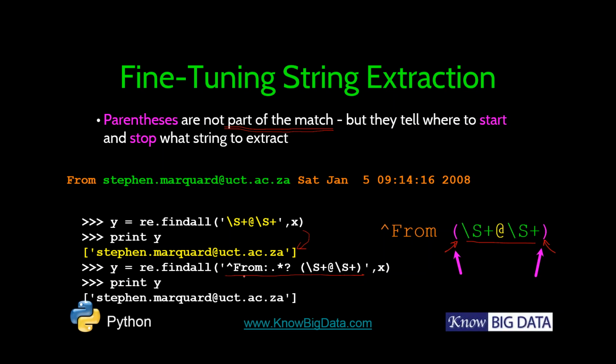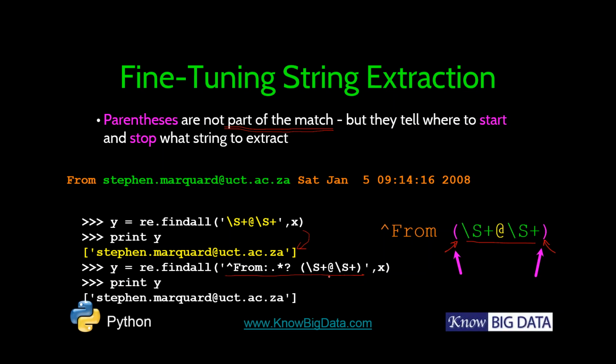Now we're saying our matching has to start from. So the start of the string should be from colon, and then there can follow any number of characters, any characters, that is again non-greedy.